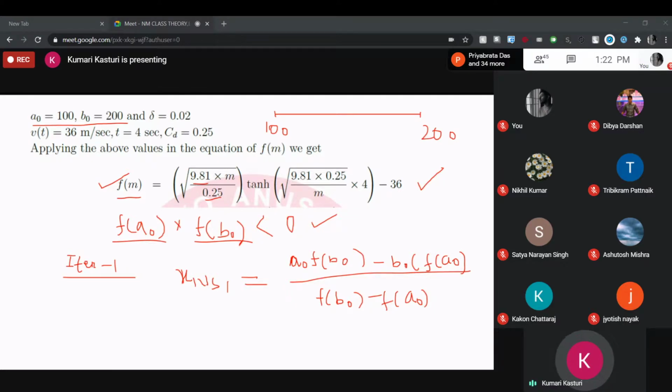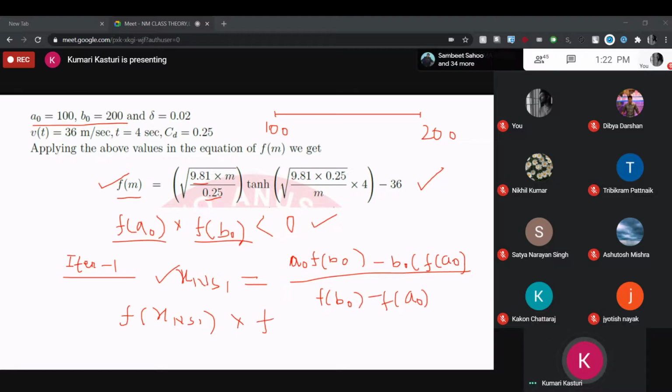Okay, so calculate x n+1. After calculating x n+1, you have to calculate f of x n+1 multiplied with f of the first value, f of a0, right?